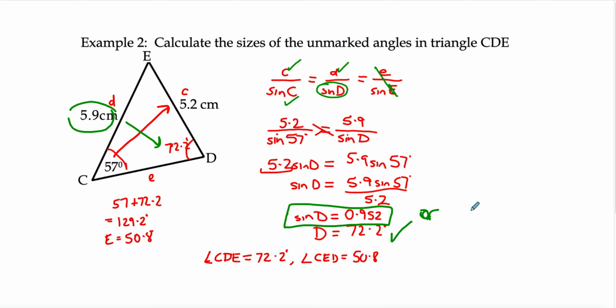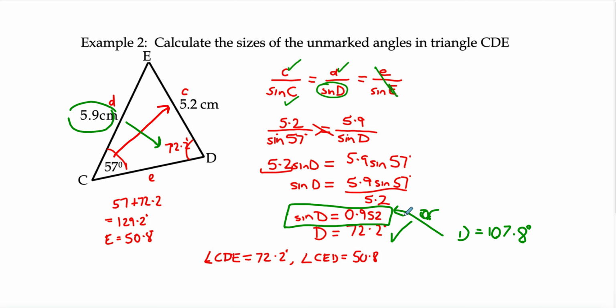I could tell you off the top of my head that the actual angle is 107.8 degrees. Now, if you were to go ahead and do the sine of 107.8, you'll actually find that the sine of that is exactly the same.